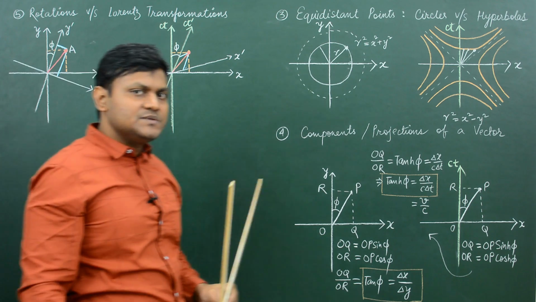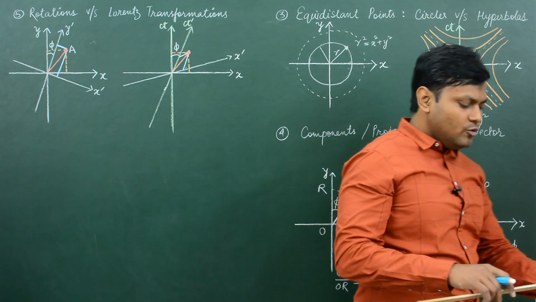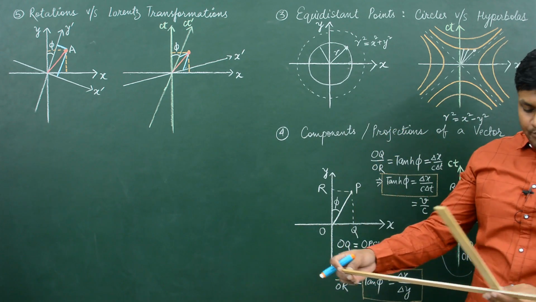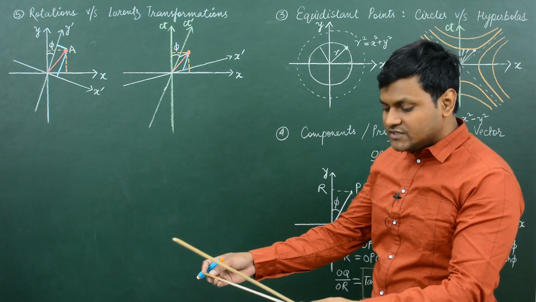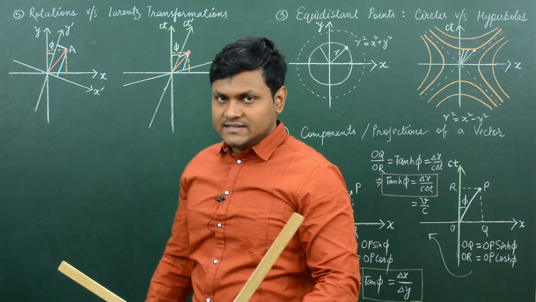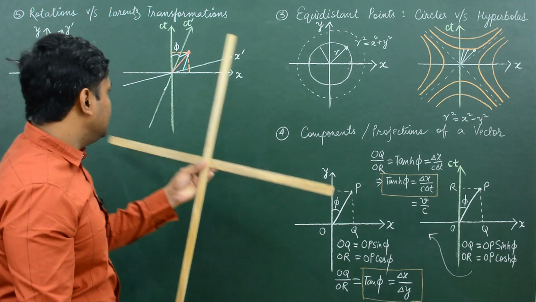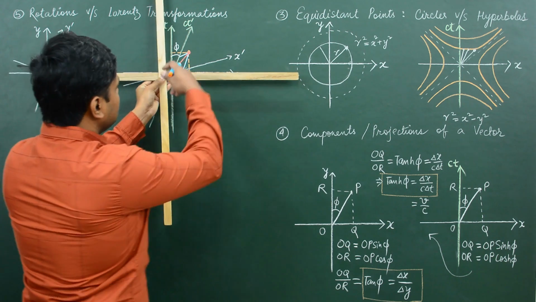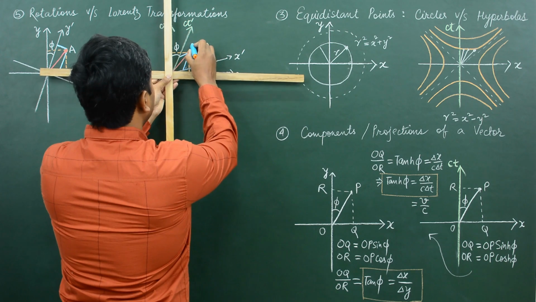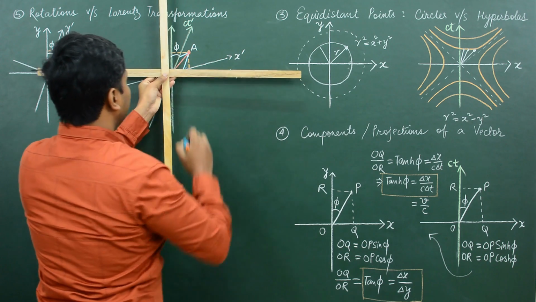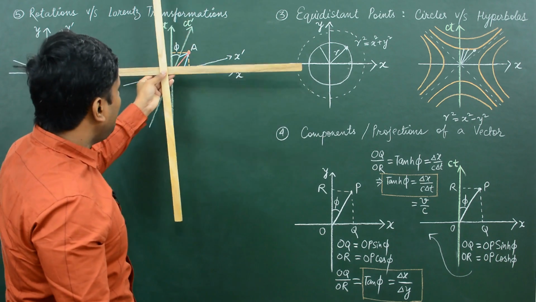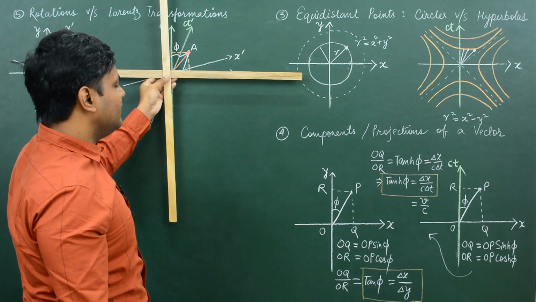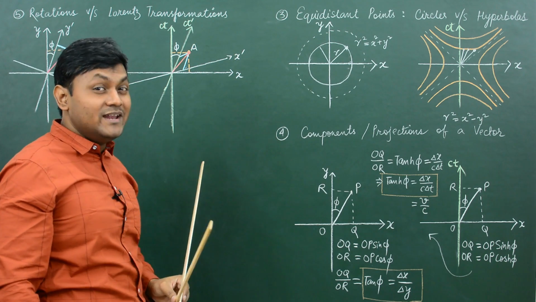Quite simple, yes? Now, if I ask the same question but in space-time, what is the transformation of the axes in space-time that leaves the magnitude of a vector, or let's suppose some line segment OA, invariant? So OA, what is its length? Its length is given by del x square minus c square del t square, right?